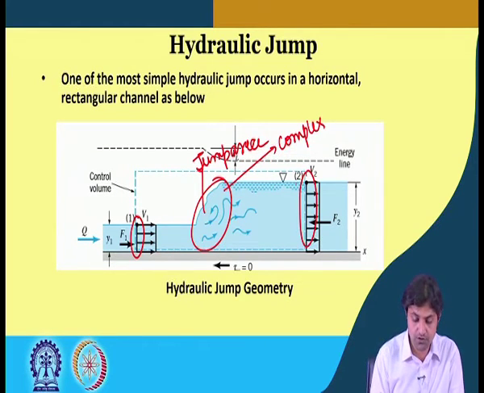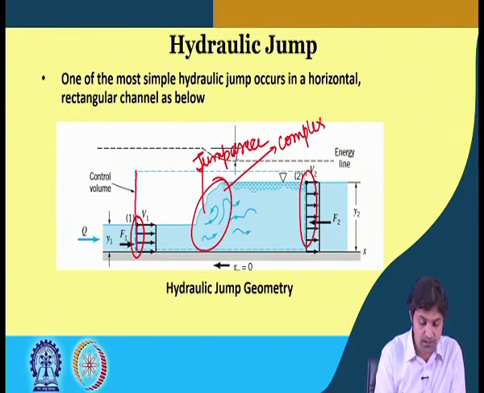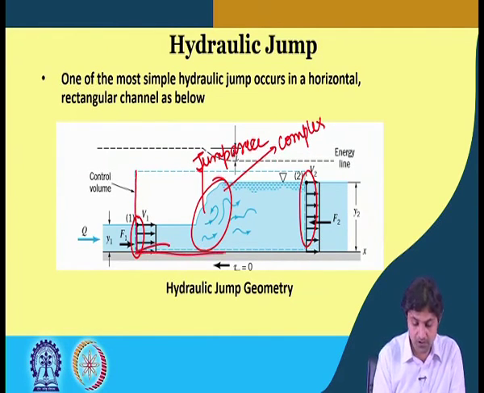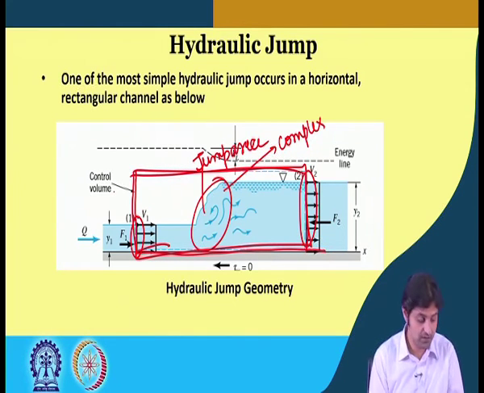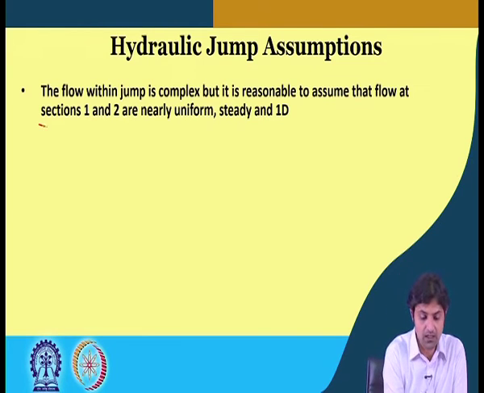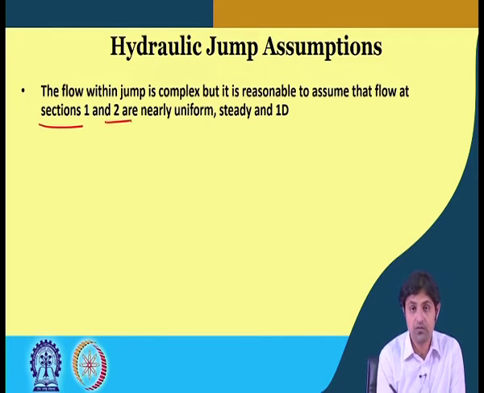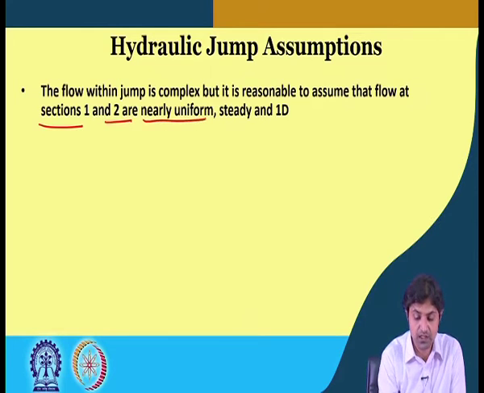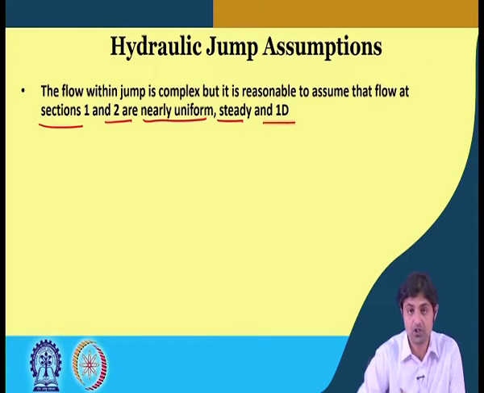So, this is 1 and 2, and the control surface that we have assumed starts at section 1 and goes like this and finishes at section 2. So, this is the control surface that we have taken. All right. So, at sections 1 and 2, we are taking the flow to be nearly uniform, steady and one dimensional in nature.